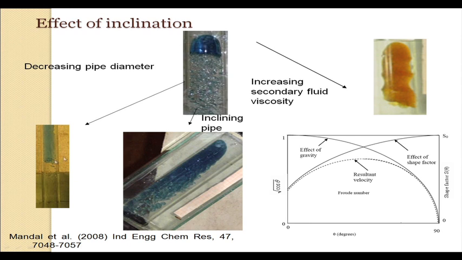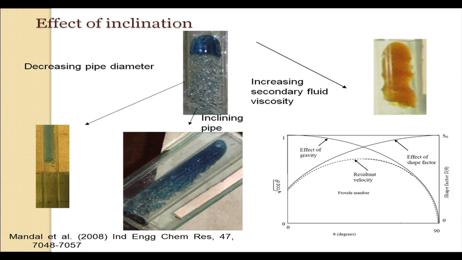The other thing is, suppose instead of a kerosene bubble, we adopt a lubricating oil bubble, or the secondary liquid has a higher viscosity. In that case, we find that definitely the interface is wavy, but the wake region disappears under this particular condition. So for liquid Taylor bubbles, firstly they are formed only below a tube diameter.